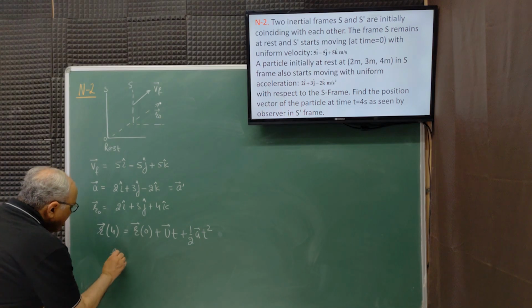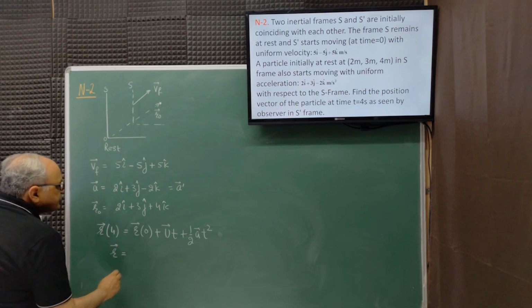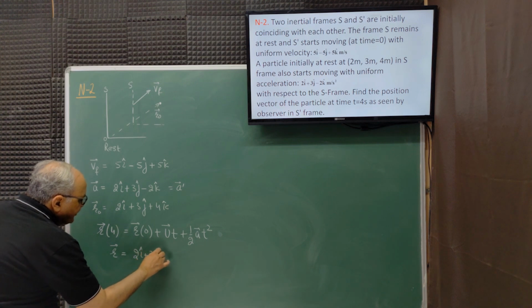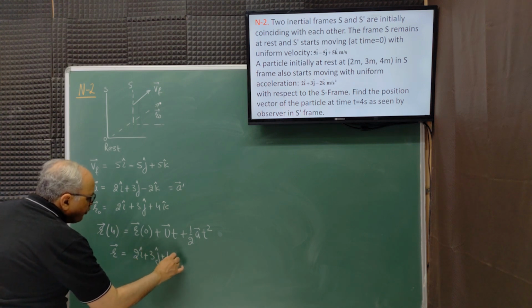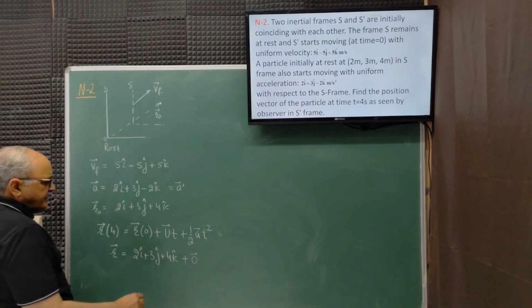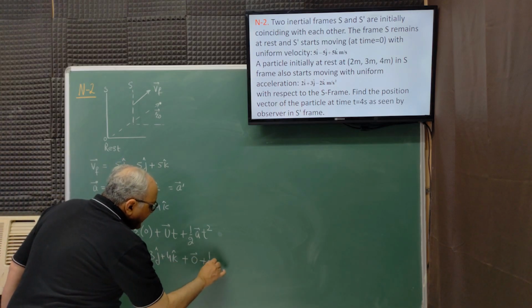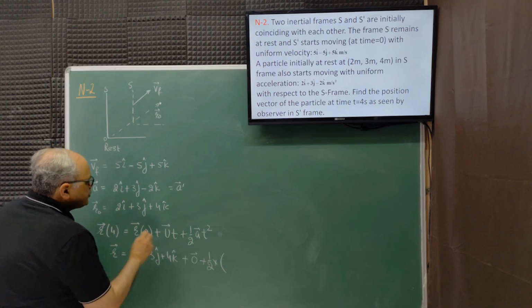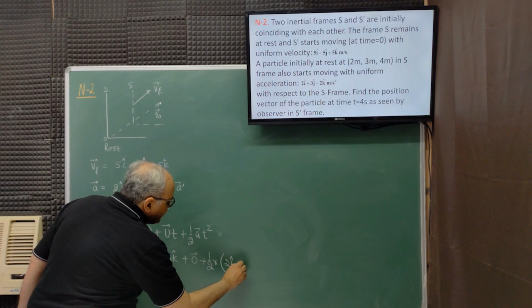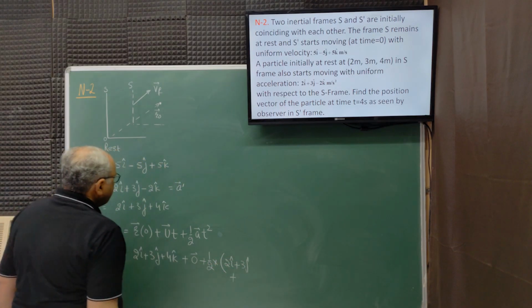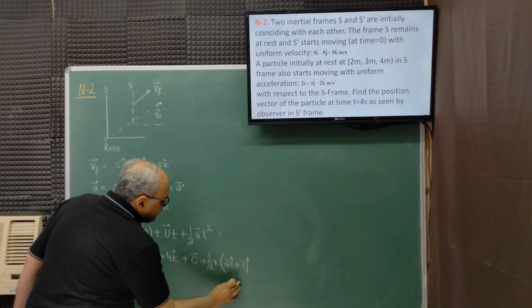So this position r vector is equal to r0 vector, that is given as 2i cap plus 3j cap plus 4k cap. Initial velocity is 0, so that is 0 vector, plus half of the acceleration given, that is 2i cap plus 3j cap minus 2k cap.